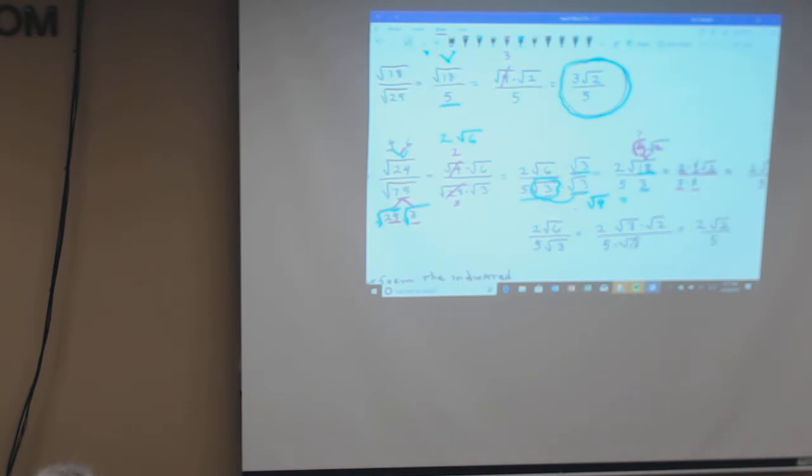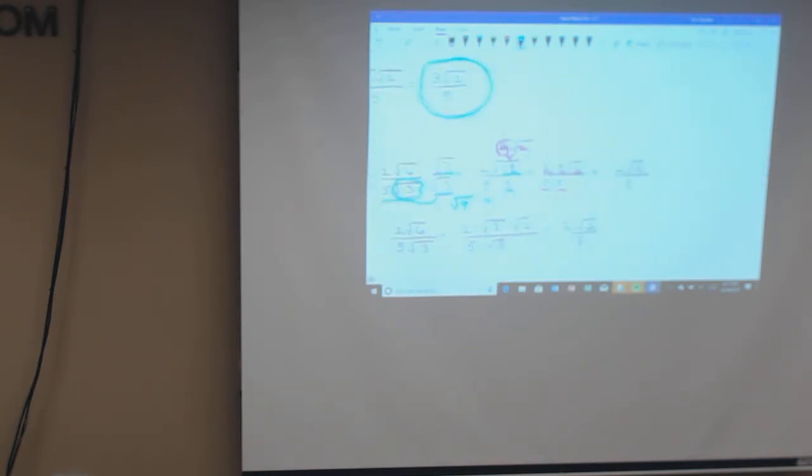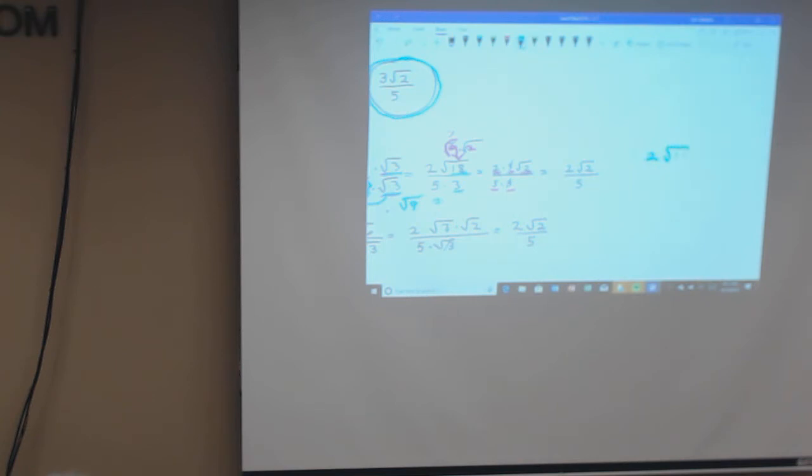So I guess I could come up here and write it, 2 times the square root of 18 over 15, if you're inclined to put them together. Then you say, yeah, but I can take 18 and make it 9 times 2. So the square root of 9 would be 3.